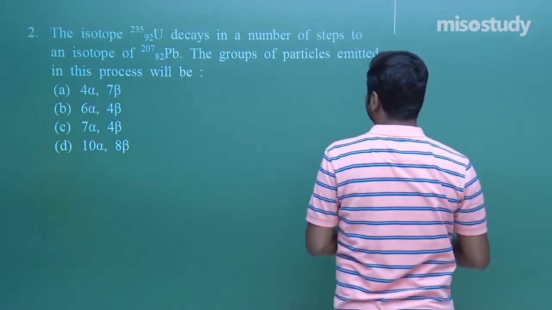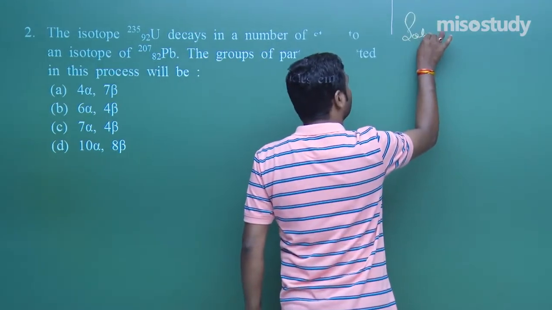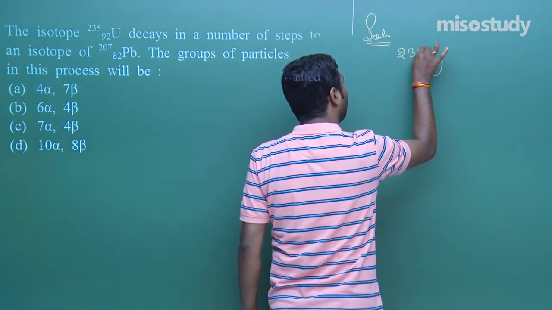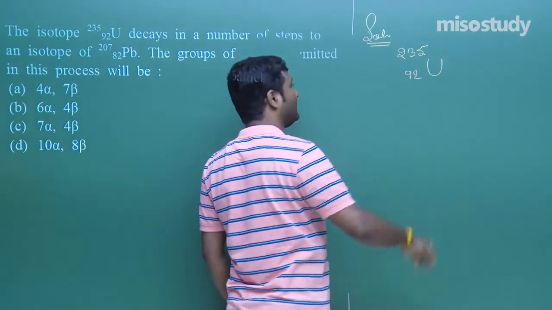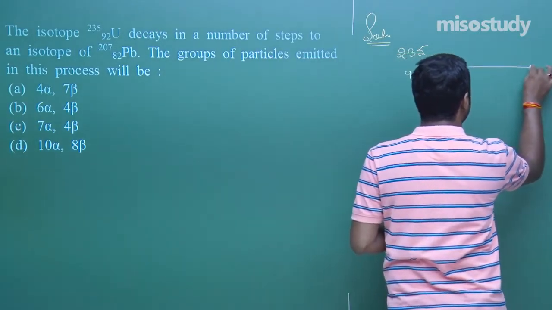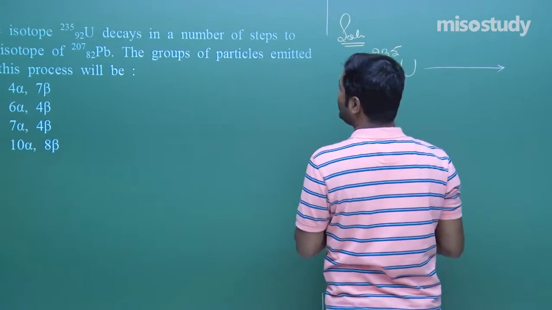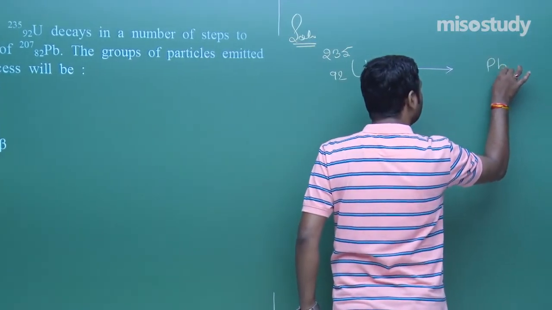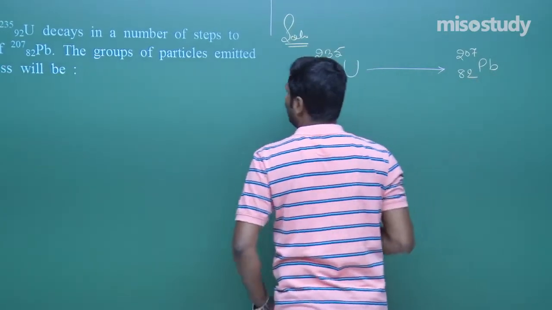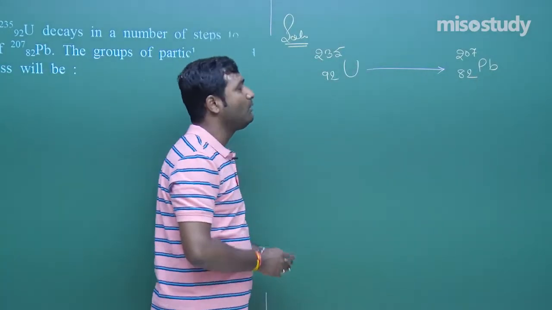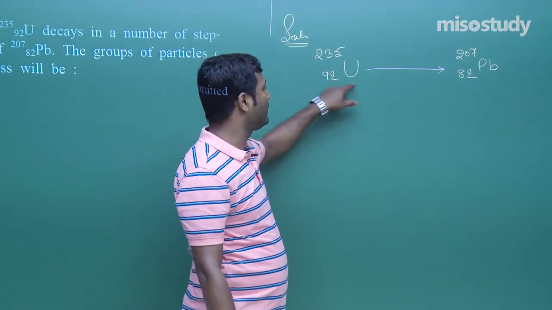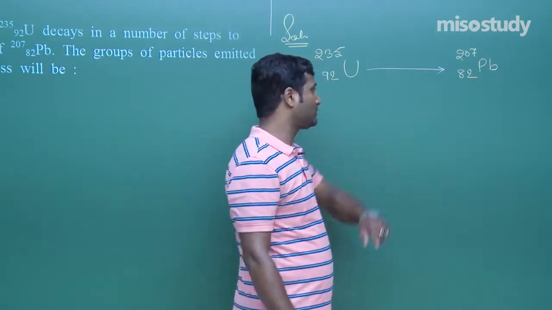The solution is, U is 235 and 92, that is the initial. Now what is the final product in this case? That is Pb 207 82. In this case they are asking how many alpha and beta particles are emitted during the conversion of uranium to Pb.